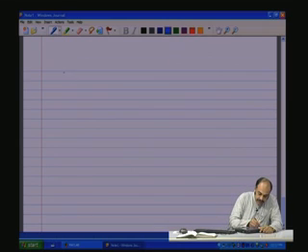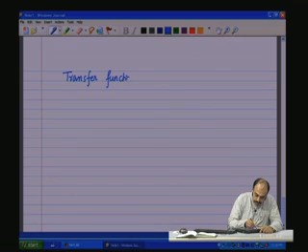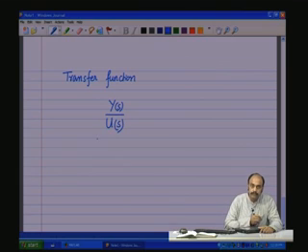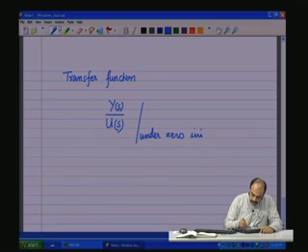Transfer function is defined as the Laplace transform of the output variable by the Laplace transform of the input variable under 0 initial conditions.